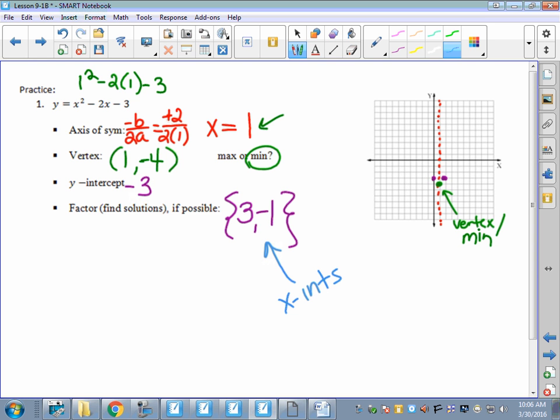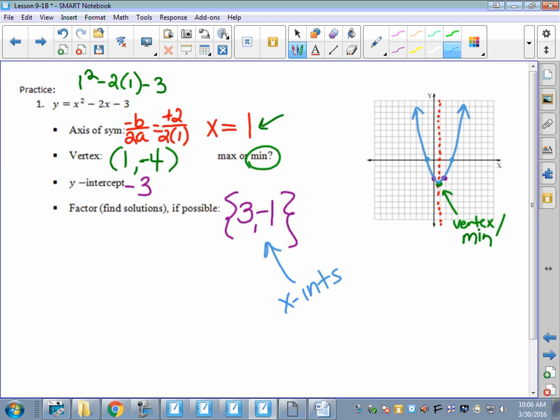So I'm going to go over to 1, 2, 3, put a point. I'm going to go over to -1 and put a point. Notice those are the same distance away from my red axis of symmetry. Now I've got enough points on my graph to draw a parabola, make it curved. It's not a V. Make it curved, put arrows on the end.